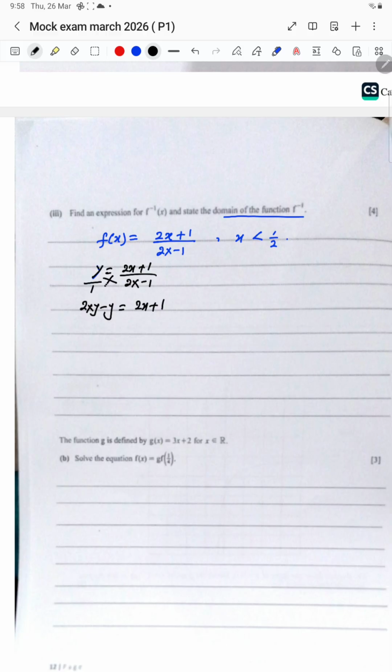Bring all x terms on one side and y terms on the other side, so x is common: 2xy minus 2x equals y plus 1. We get 2x times (y minus 1) equals y plus 1, so x as the subject is y plus 1 over 2 times (y minus 1).